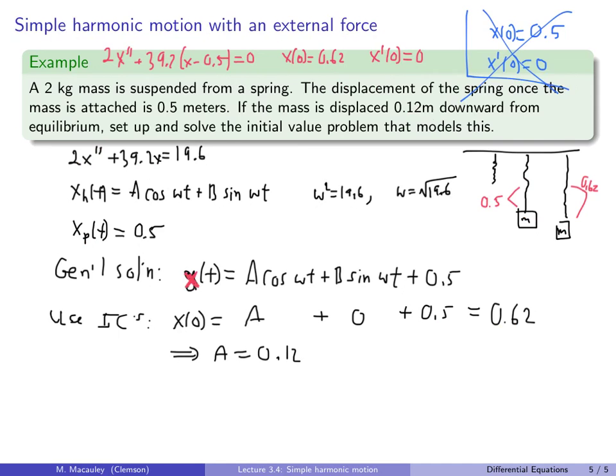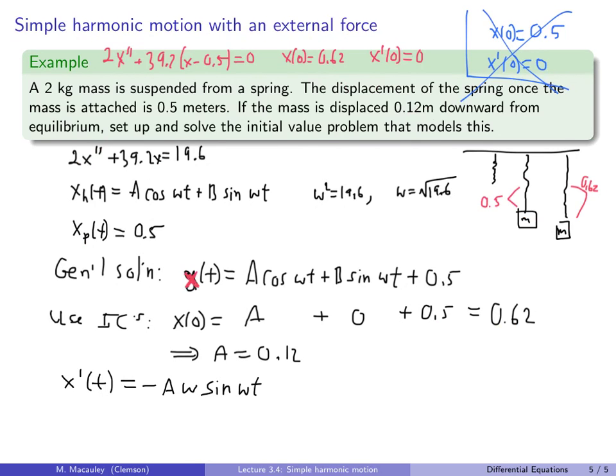And let's use our second initial condition. For this one, we actually have to take the derivative of the function first and then plug in 0. So x prime of t is negative a omega sine of omega t.